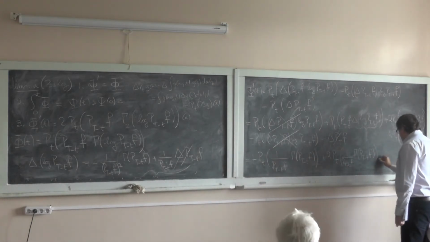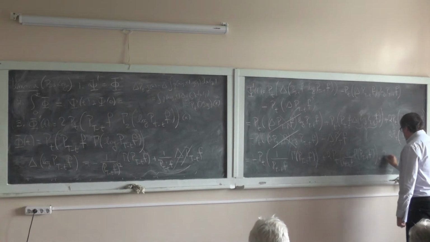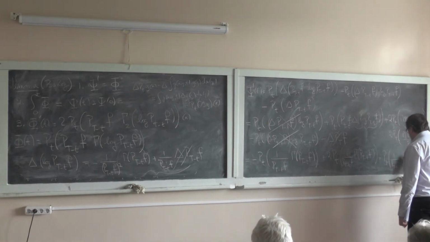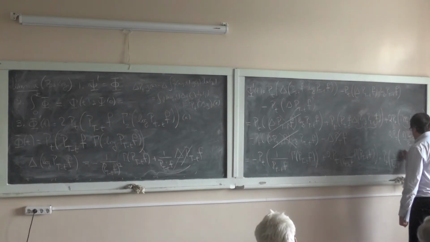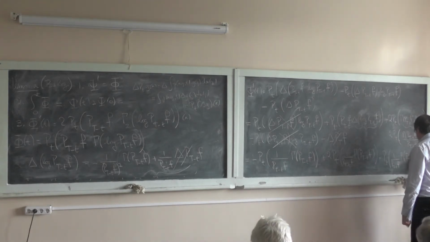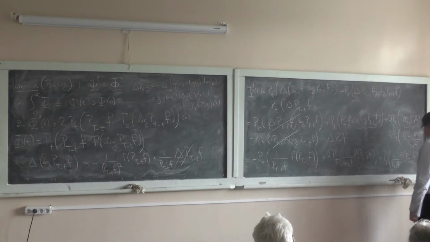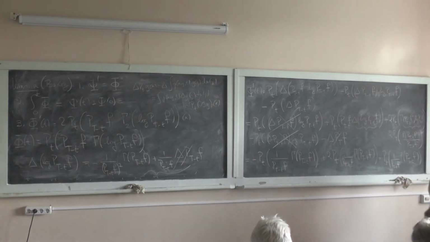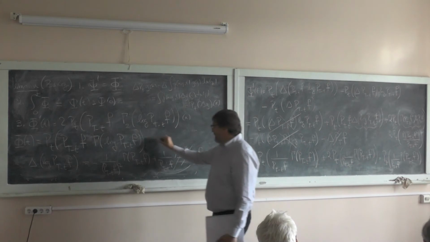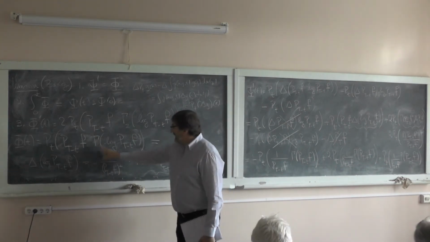So this equals pt of 1 over pt minus t f gamma of pt minus t f. And we're finished, because that is the same as this.